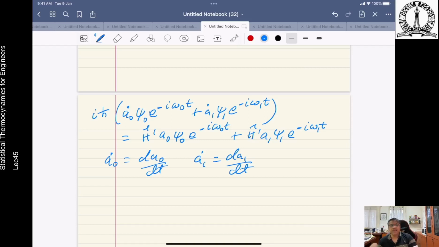Okay, so that is the whole set that we have written. And so now what we are going to do is multiplication by the conjugate ψ0* or ψ1*, this is also the conjugate, followed by integration over all space.